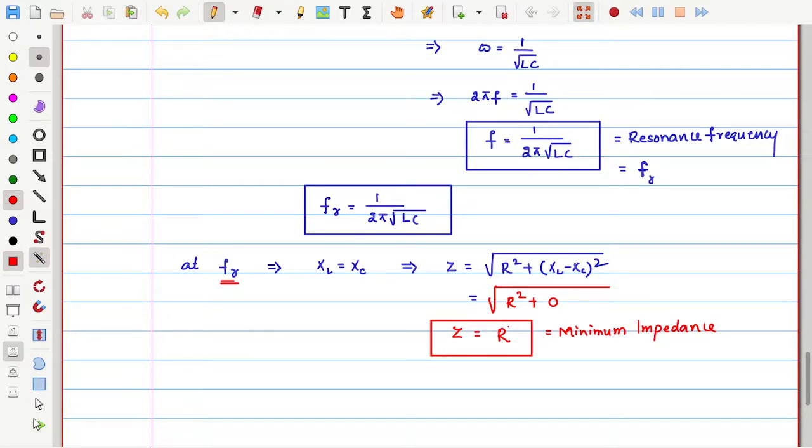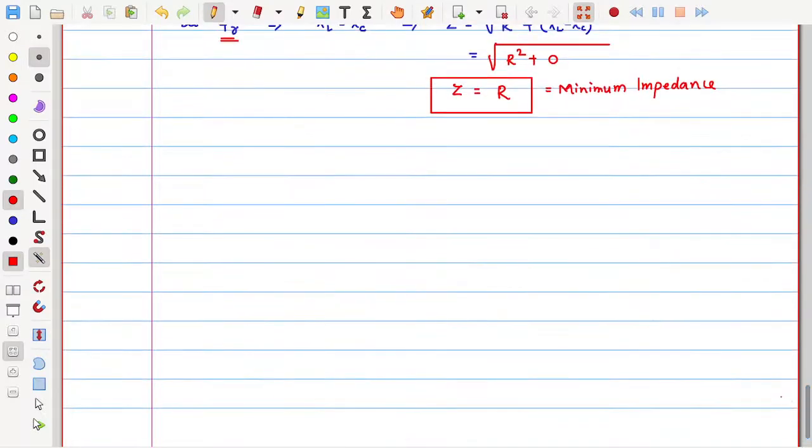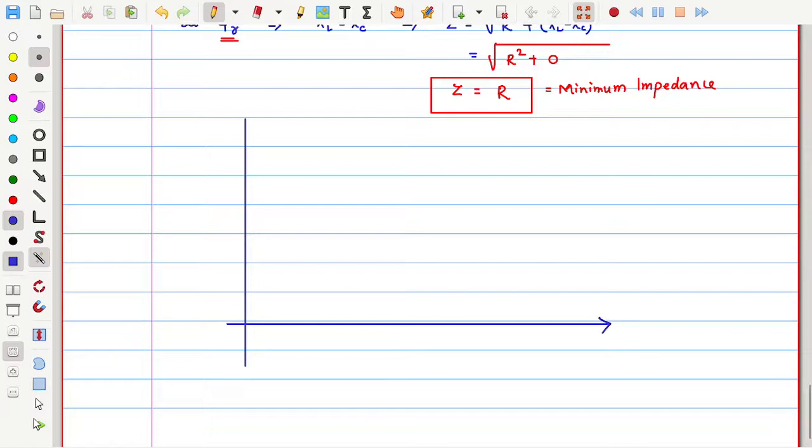So if we plot once again the total impedance curve, mod Z, which is equal to the square root of R square plus (omega L minus 1 by omega C) whole square, with the frequency, what we get is like this.